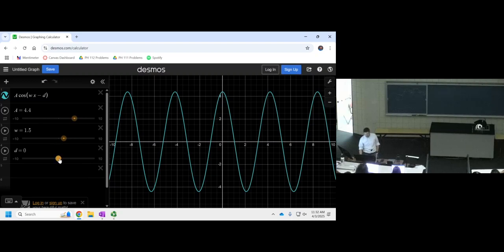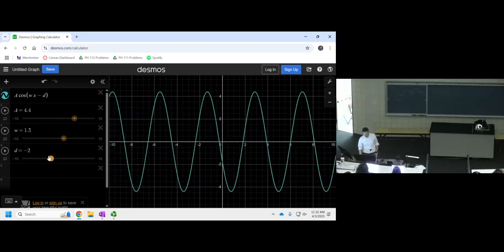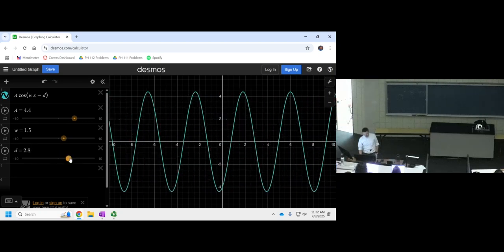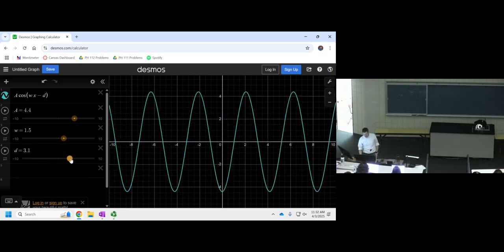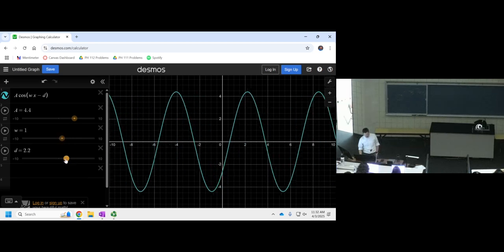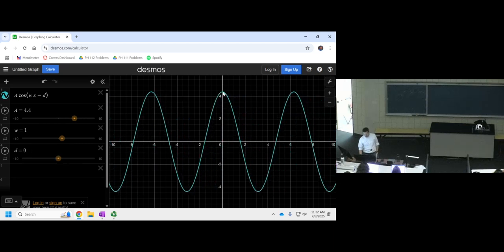It just changes how much charge there is to work with to begin with. And then the last thing is delta. You can see that as I change the phase shift here, let me go to omega equals 1, there we go. If I go to a phase shift of 0, you can see I've got my initial wave where I start with a fully charged capacitor.